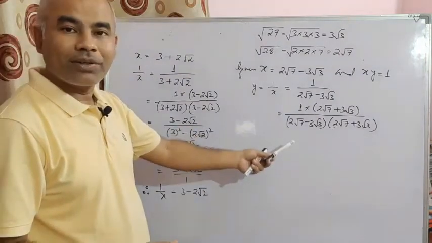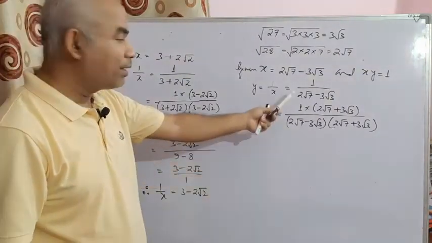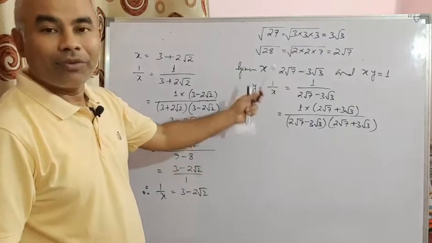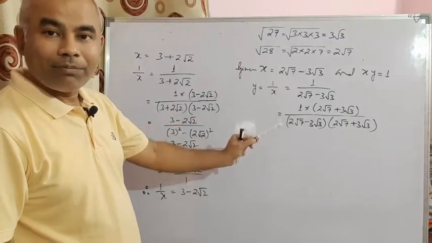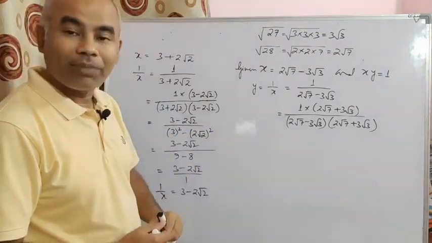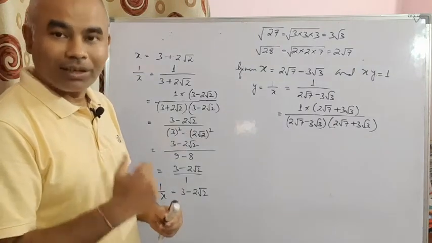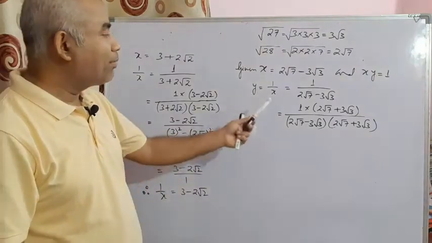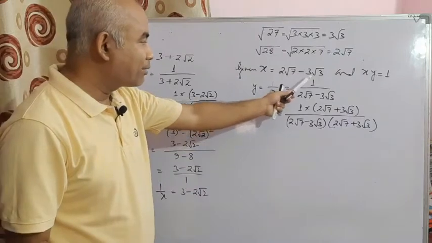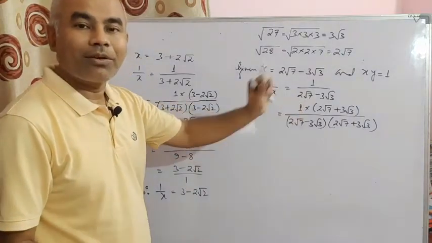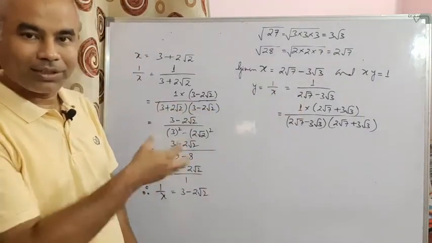This is the process of rationalization of the denominator. The denominator was an irrational number, and by multiplying with its rationalizing factor, we convert it to a rational number. The question may also be given directly: rationalize the denominator of the given fraction. That is also included here.